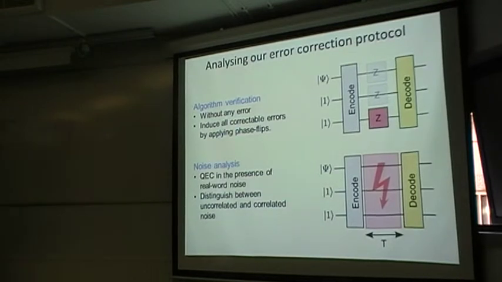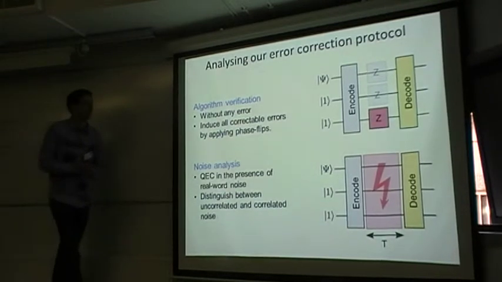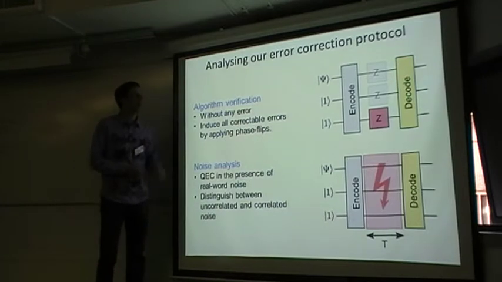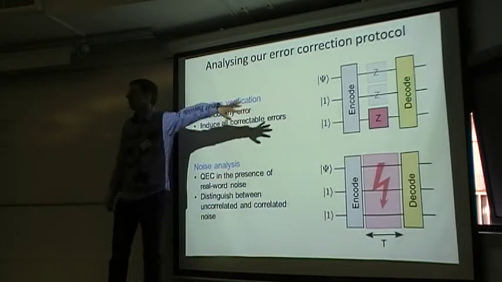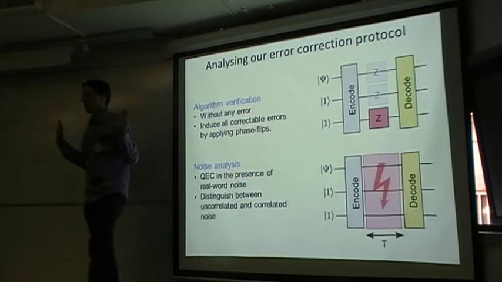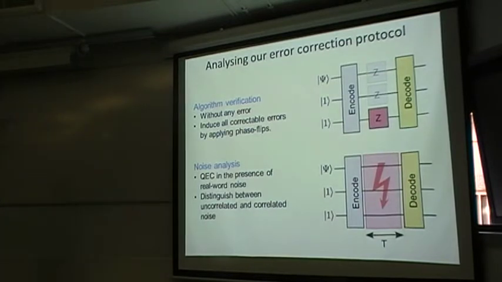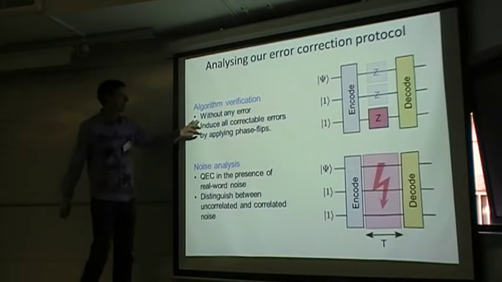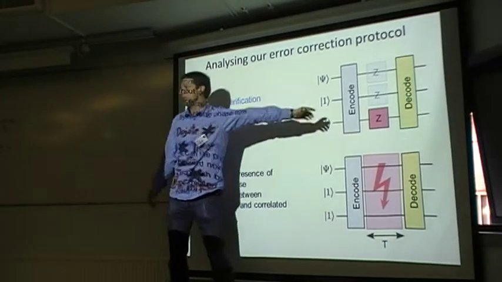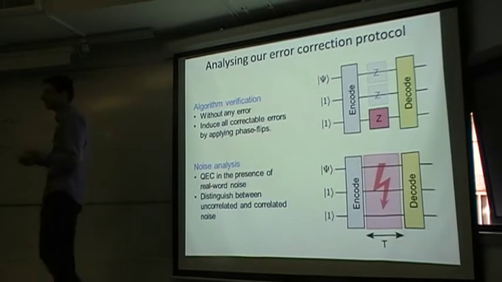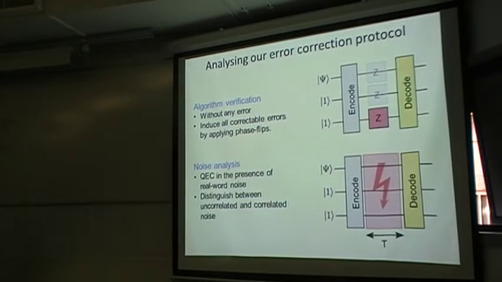Okay, now how to test that our error correction protocol is working. Of course, we can just do the encoding, the decoding, and that's it. No error in between, and we can test how good it works. Then what we can also do is, for example, induce a phase flip on one of these qubits, and test again. Does it work or does it not work? And in principle, since the error correction protocol works, it should give the same outputs later.